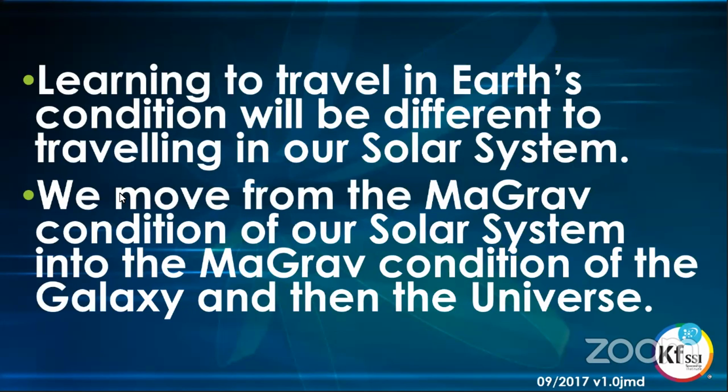So essentially, we're going to learn to travel in Earth's condition, because within Earth, we have a certain set of magnetical and gravitational fields. When we start traveling in the solar system, we're now traveling in a different condition, different magnetic gravitational fields. And as we move from our solar system into the galaxy and then into the universe, we have to learn the different conditions in which we're going to be traveling.